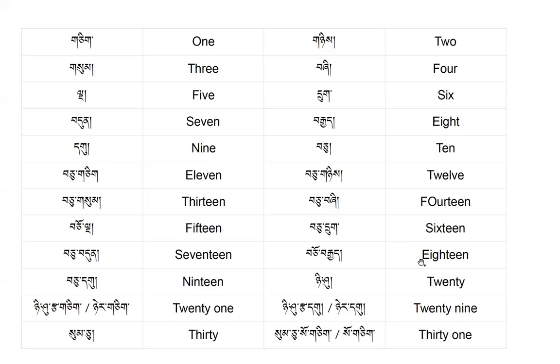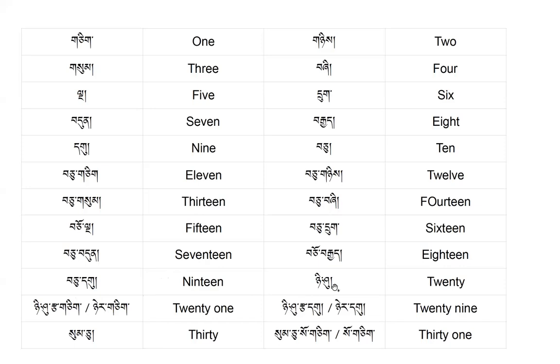Choke, 18, chuku, 19. You can pronounce it as chuku, with the addition of ta, or chuku. Both are correct. You can either make that transition with the addition of this particular prefix, or you can pronounce it without the transition.